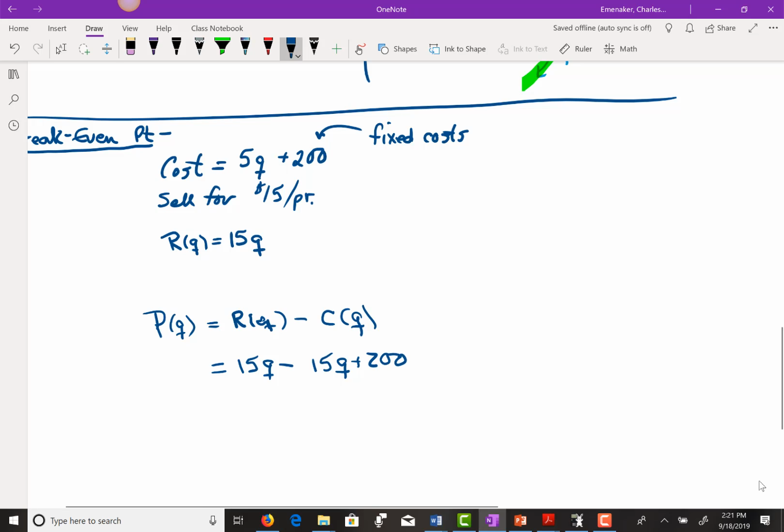Now, I've intentionally made a mistake with that equation. What's the mistake? We've got revenue minus cost. Not really. Oh, yeah, it should be. Thank you. Okay, let me rephrase that. There were 2 mistakes, so Logan caught one of them.